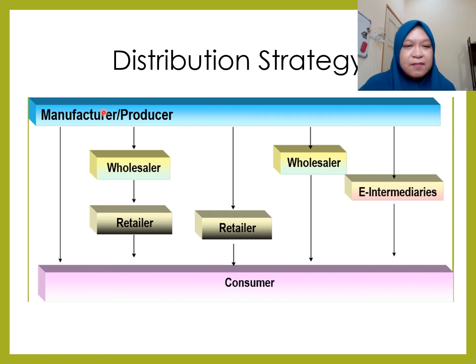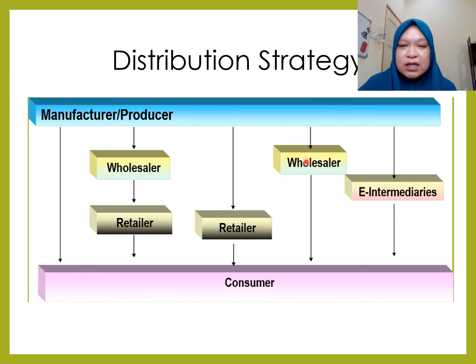Here we have the manufacturer or the producer, who creates the product. It can be straightforward without any intermediaries, selling straight to the consumer. Or you can use intermediaries, the people in between you and your customer.